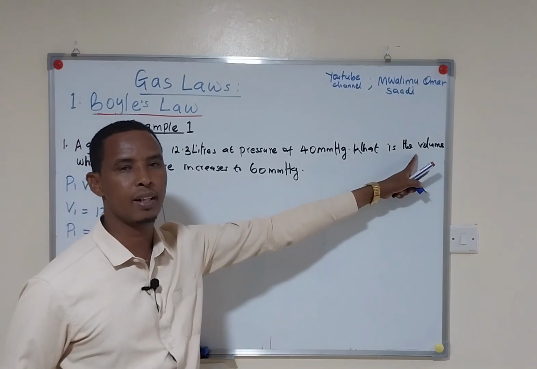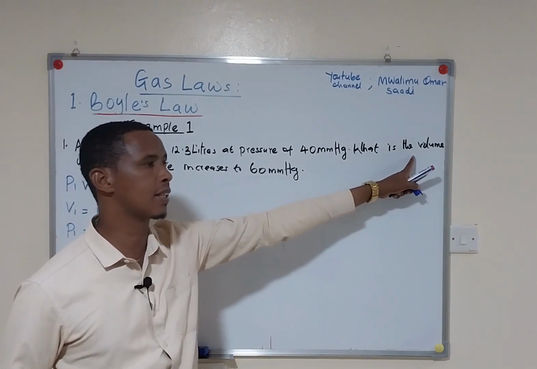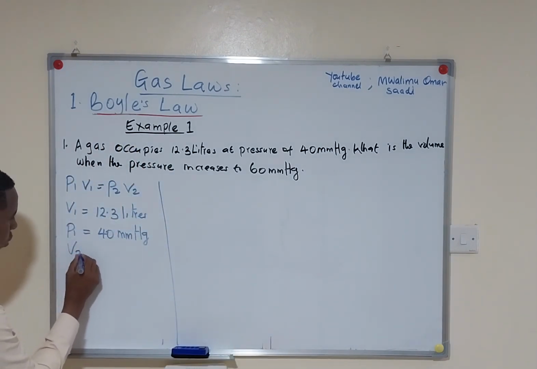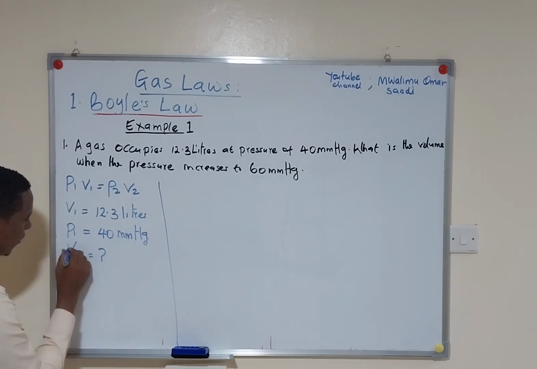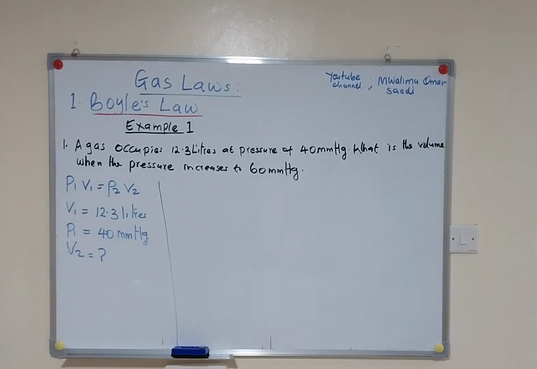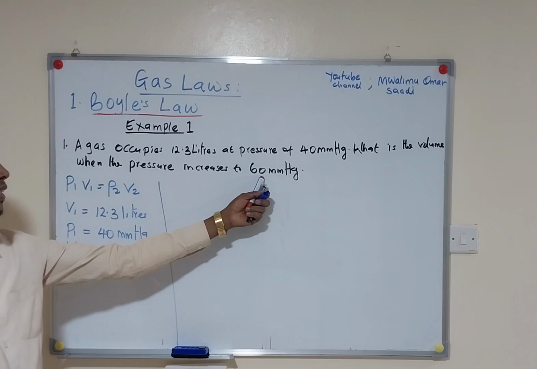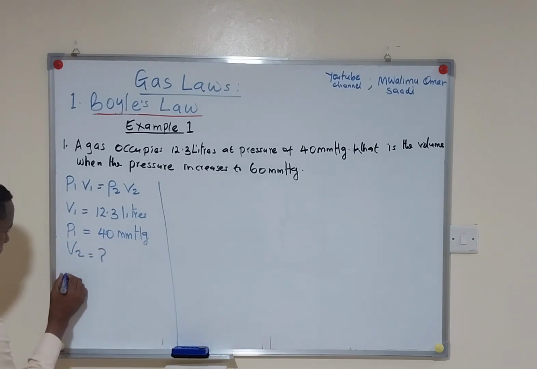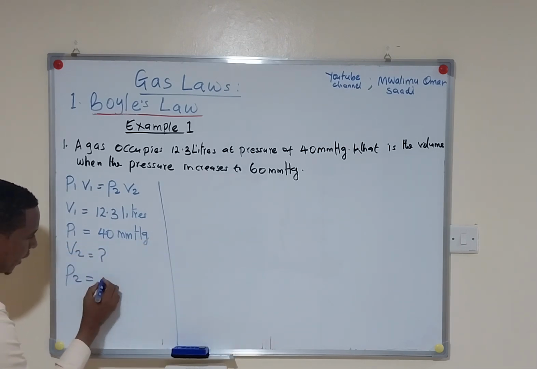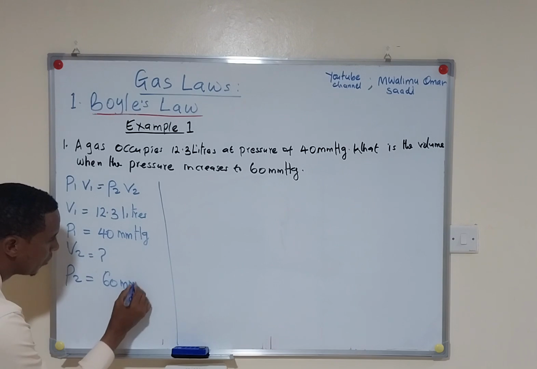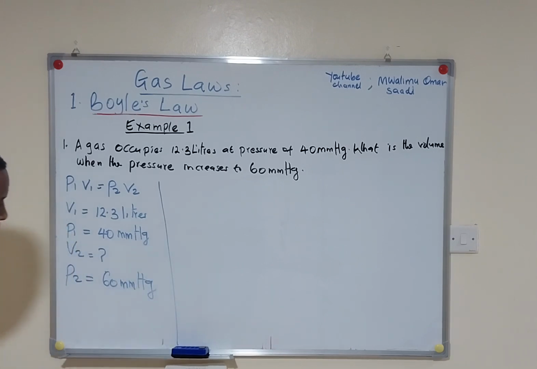That means we are finding V2, that is the second volume. V2 we don't have. That is what we are finding. And P2 is given, 60 millimeter mercury. So we will now use what we are given to solve for V2.